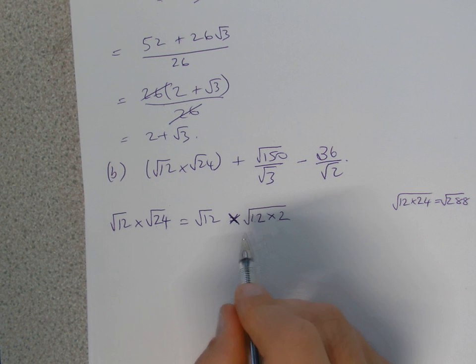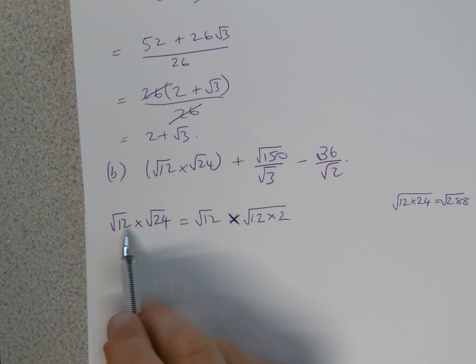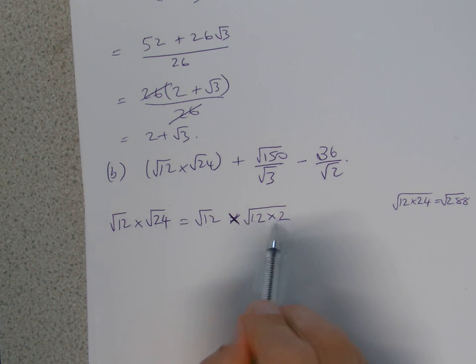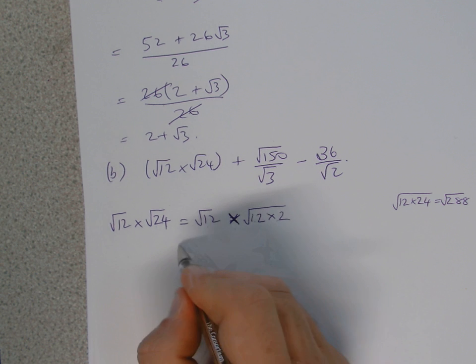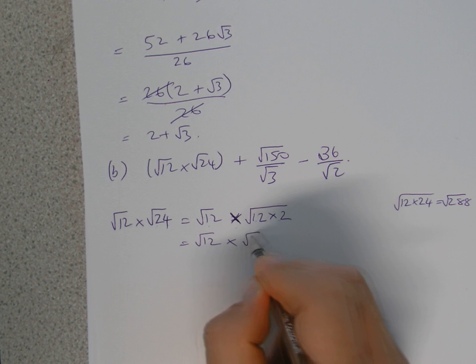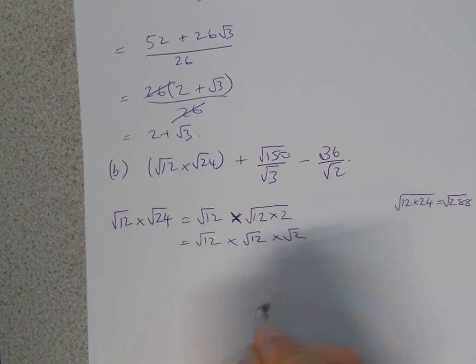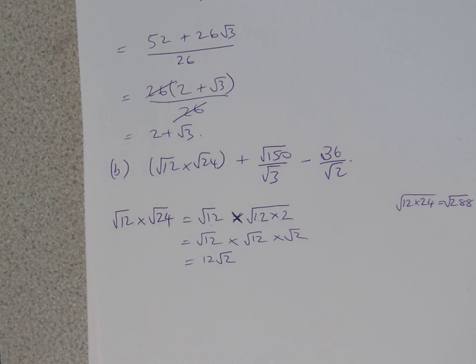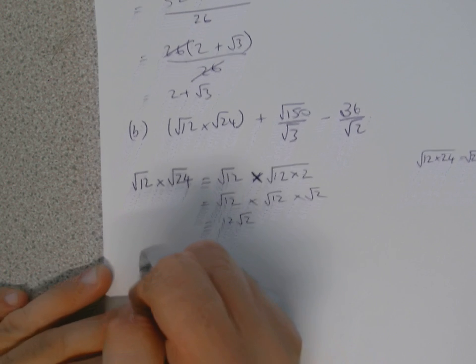What I've done is I've changed root 12 times root 24 to root 12 times root 12 times 2, which is what 24 is. And what you can do then is split this up. So this becomes root 12 times root 12 times root 2, and root 12 times root 12 is just 12. You get 12 root 2. That's one way of doing it anyway.